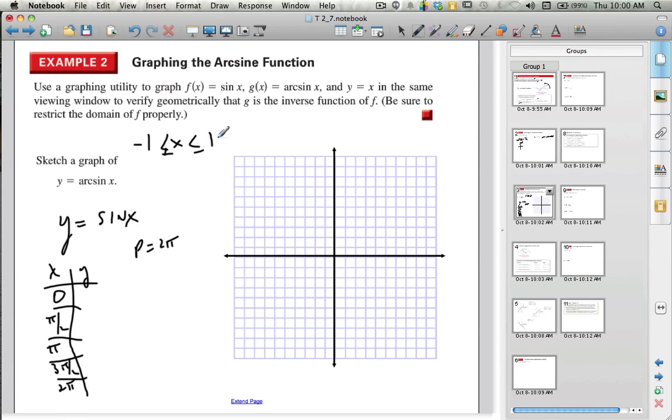And with an amplitude of 1, in this case, I would have had 0, 1, 0, -1, and 0. Now, if you think about what an inverse function would be like, in inverse functions, the y's become the x's, and the x's become the y's.